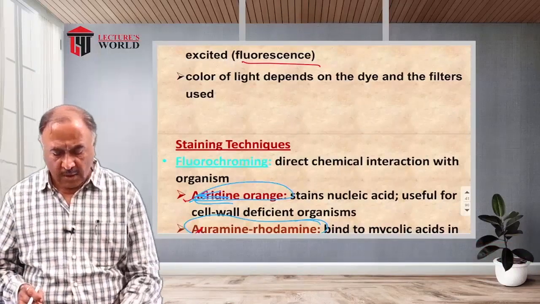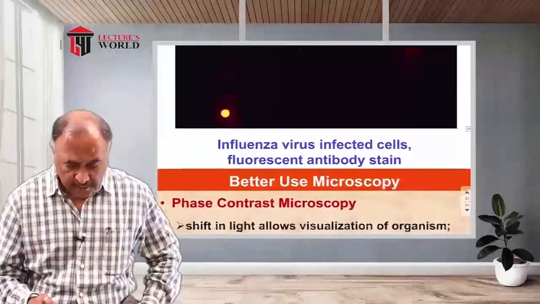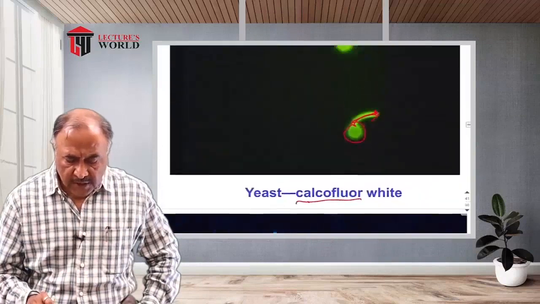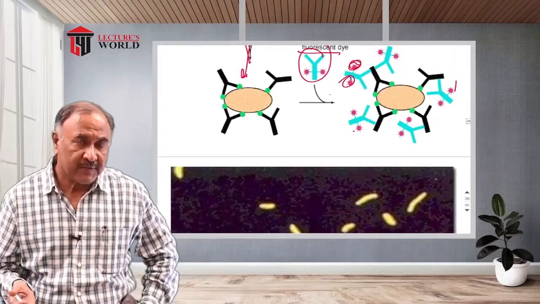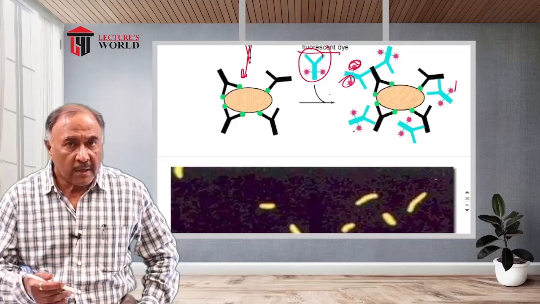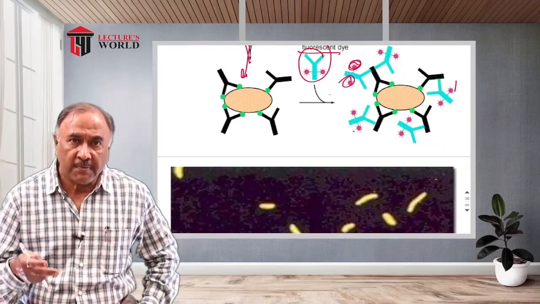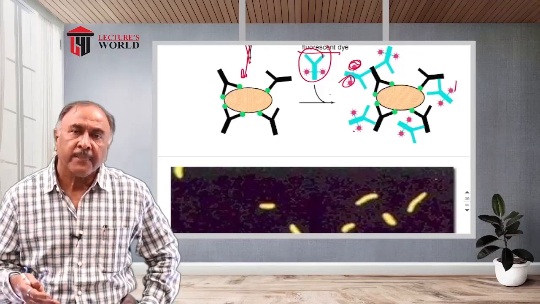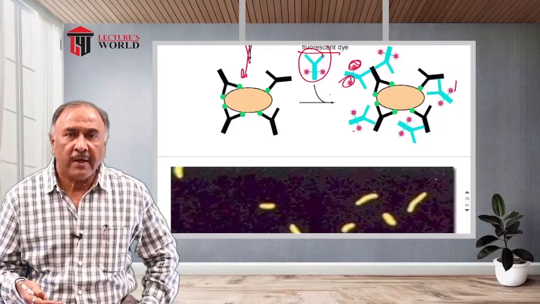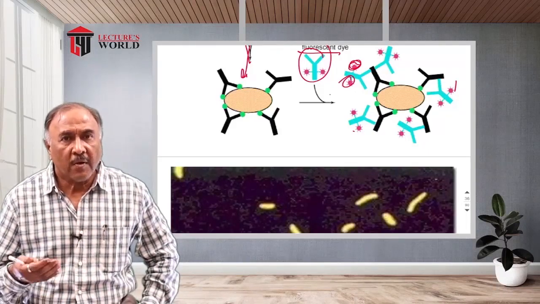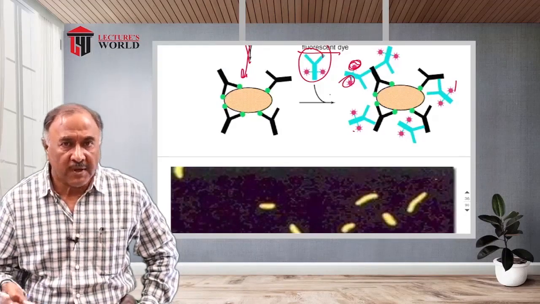Now, in the next section, we will take up the methods which we call macroscopic methods. The entire identification procedure basically follows these procedures: one is microscopic and the other macroscopic. Microscopic makes use of a microscope, and macroscopic characterization includes observation on media using various plates and using various biochemical tests.